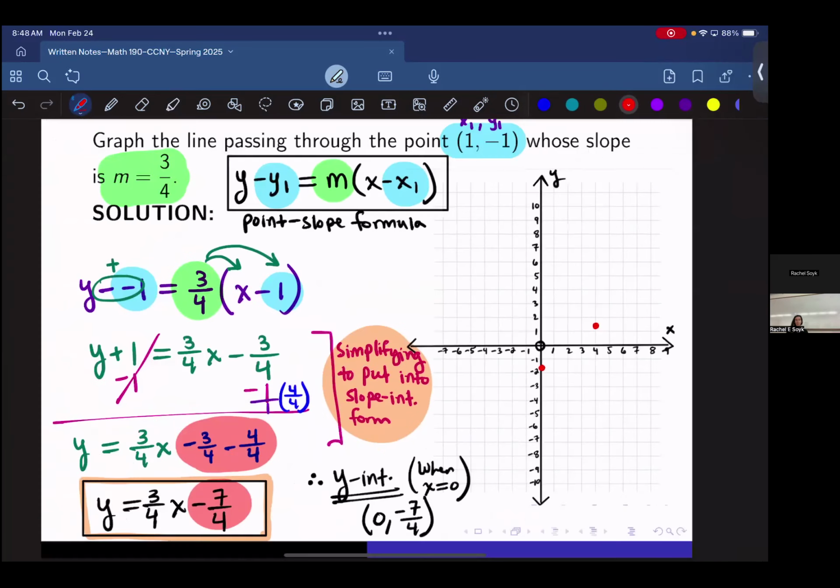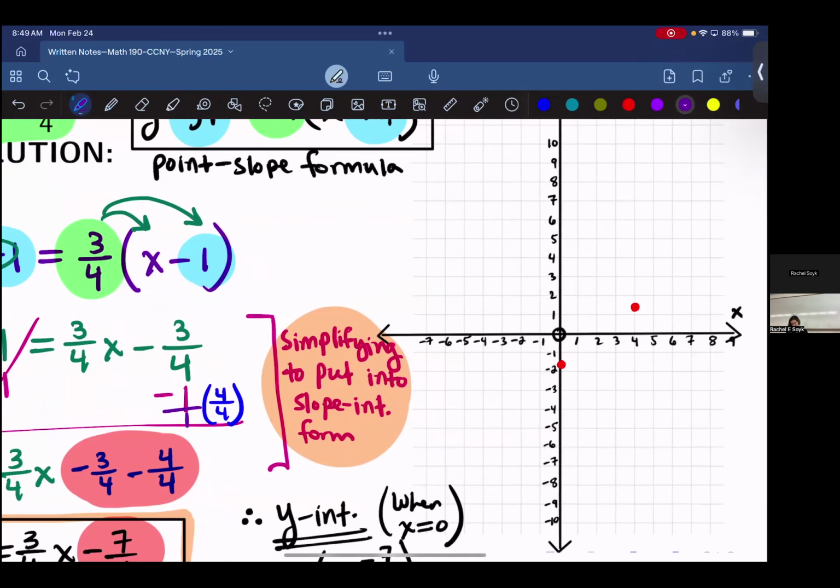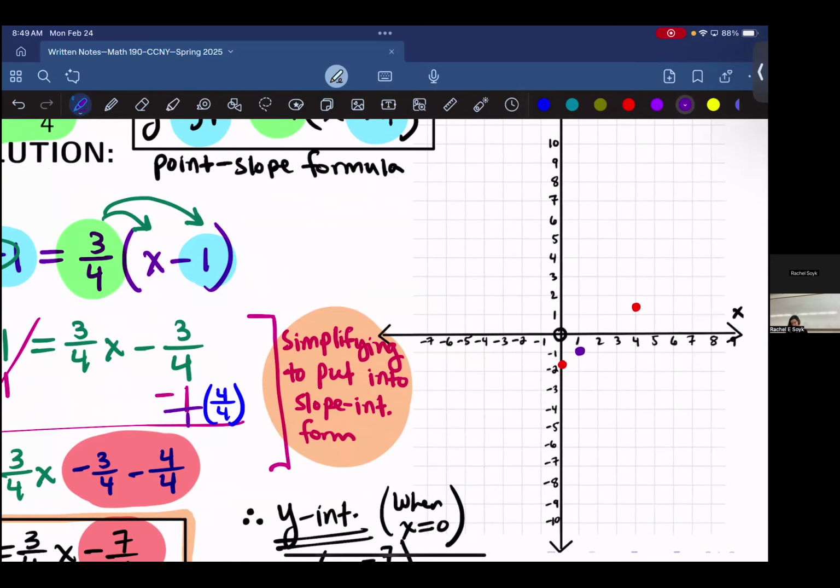Anytime you're graphing a line, you want at least 3 to 4 points. And then we're given a point, (1, -1), that we can easily plot right over here. And that should be enough. So we'll connect the dots. Draw your arrows.